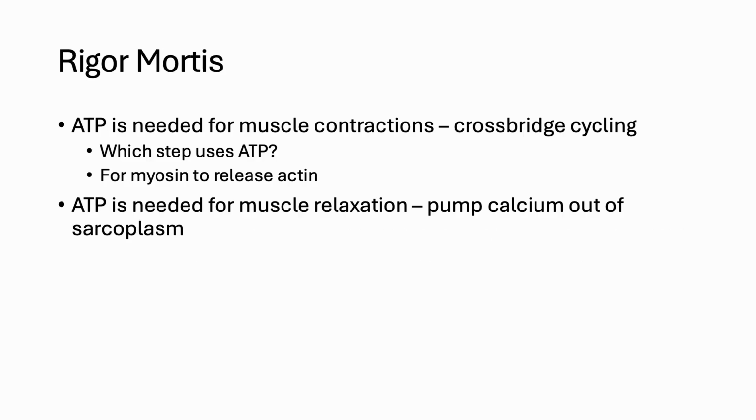Now, lastly, let's talk about rigor mortis. Because we looked at how cross-bridge formation happens, we know that ATP has to be present or we can't have muscle contraction. But think back to which step of that cross-bridge cycle actually uses ATP. It's the point that allows myosin to release actin.